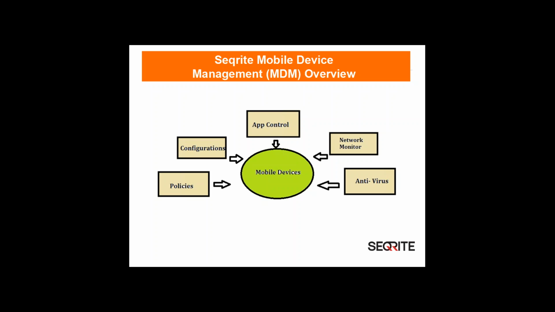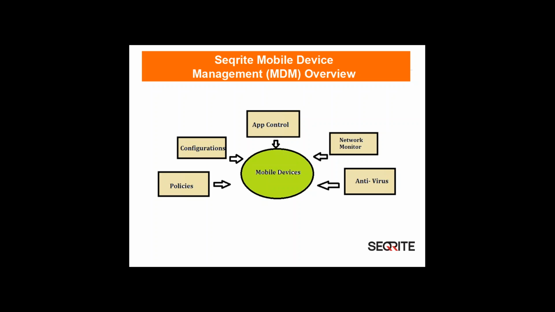Seqrite mobile device management also consists of antivirus, where our application on the device will detect any kind of threats and report the same to the admin. If the threat is of higher risk, then the application will take action on its own accordingly. With Seqrite mobile device management, we can monitor the network data usage of all the enrolled devices.